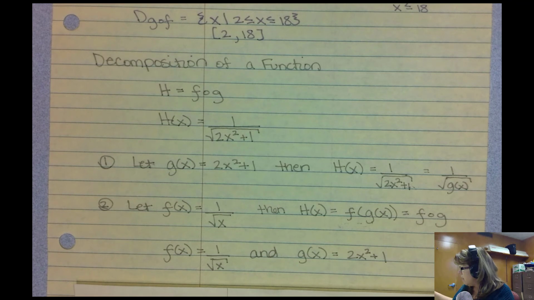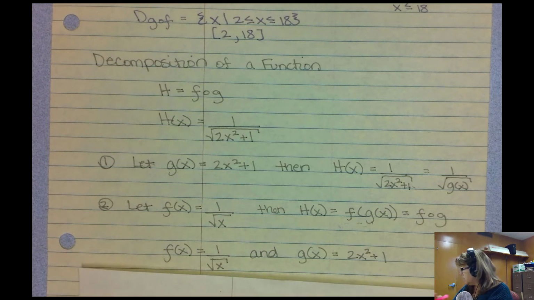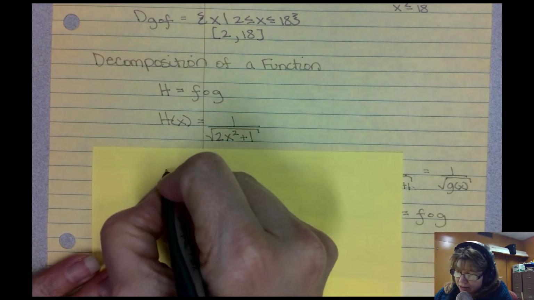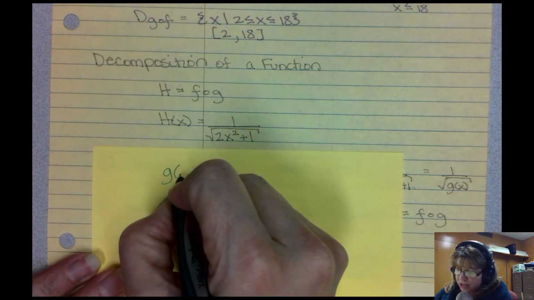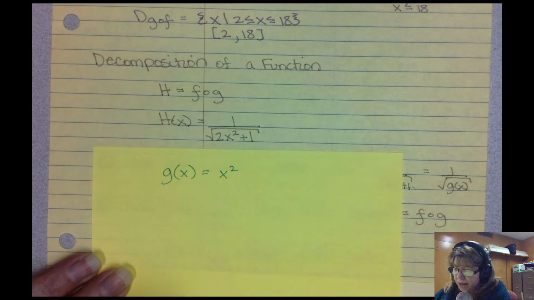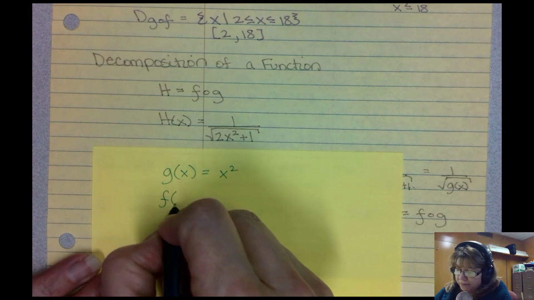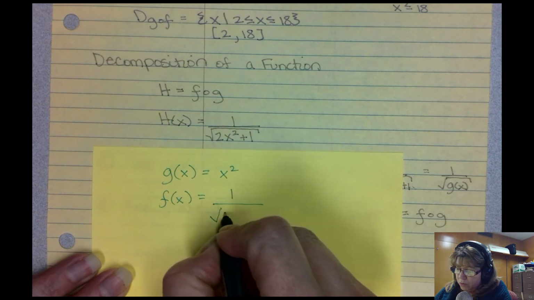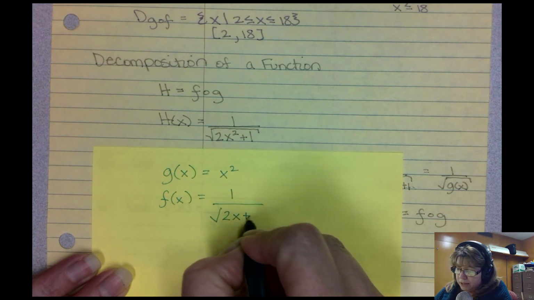Here's another option. I'll write it down. Let's see. Get my pen out here. Here's another option. So starting back at h, I could have said, well, let's let g of x equal x squared. And then I'm going to say f of x will equal 1 over the square root of 2x plus 1.